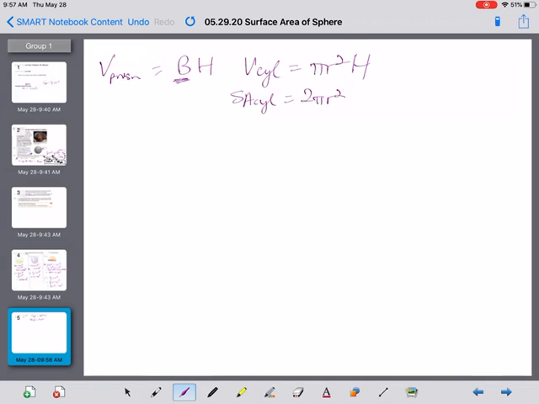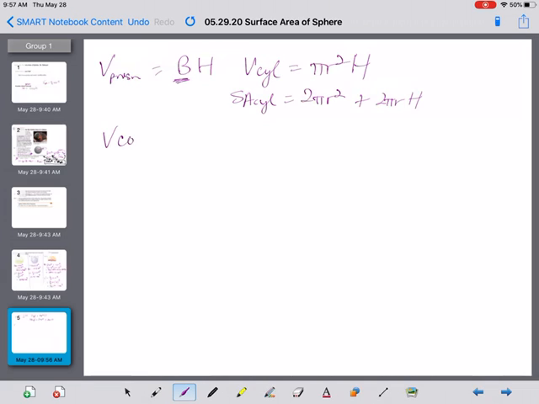Sometimes you don't need the top or the bottom if you're just using the lateral part, but the top and the bottom are circles. And then you have the rectangle that you unpeel, the label. So the rectangle is circumference, 2 pi r, times the height.